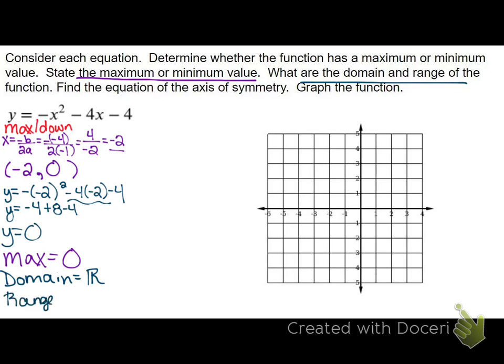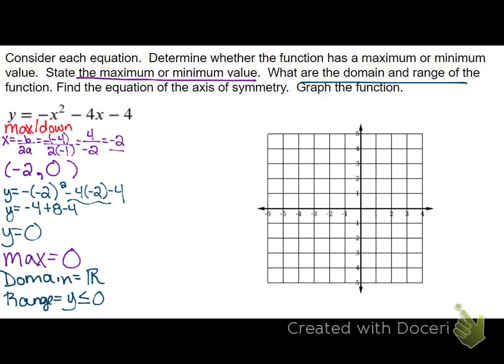Y is greater than or equal... No, I disagree. It's a maximum. So 0 is greater than or equal to y? What inequality sign do I use? Less than or equal to. And then what was our maximum? 0. Okay, we already found the axis of symmetry.